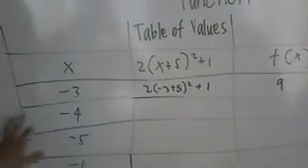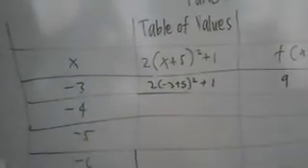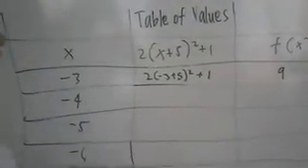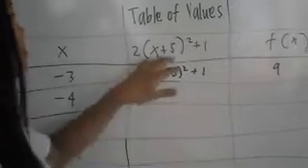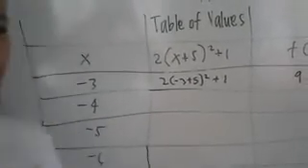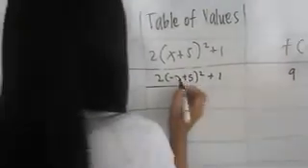If x is negative 4, substitute it for x, then it will become negative 4 plus 5 equals 1. Multiplied by itself times 2 equals 2, plus 1 equals 3.